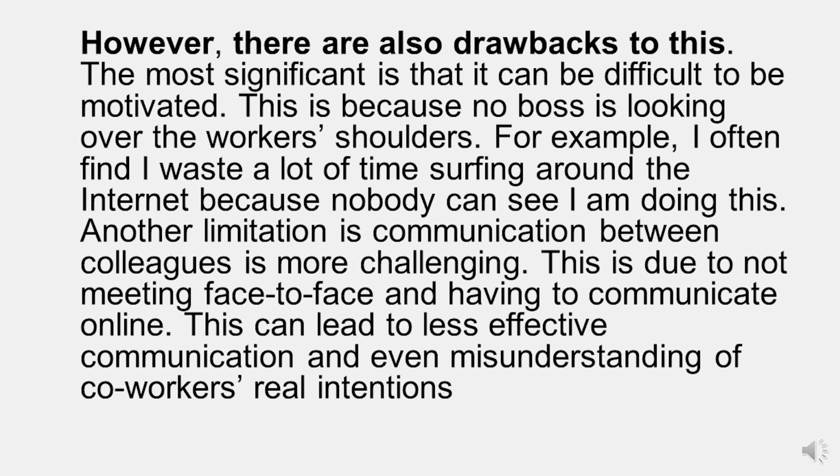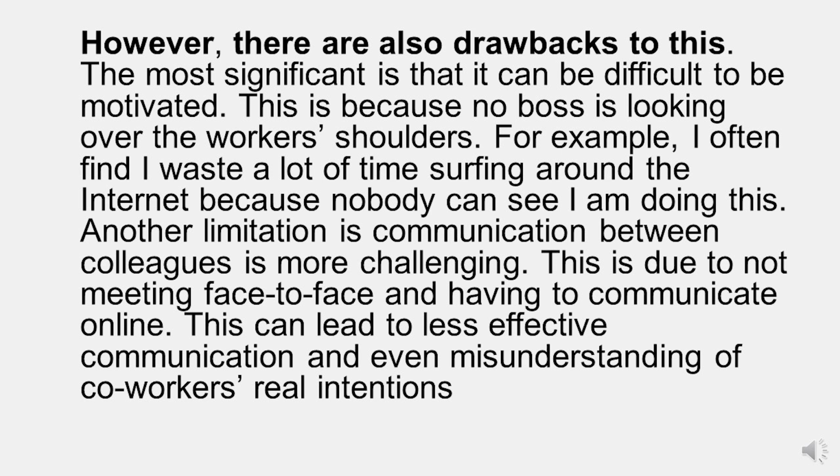The most significant is that it can be difficult to be motivated. This is because no boss is looking over the workers' shoulders. For example, I often find I waste a lot of time surfing around the internet because nobody can see I am doing this.